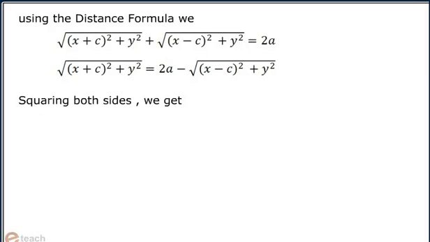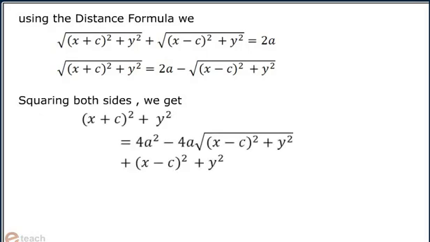Squaring both sides, we get (x + c)² + y² = 4a² + (x − c)² + y² − 4a√((x − c)² + y²).